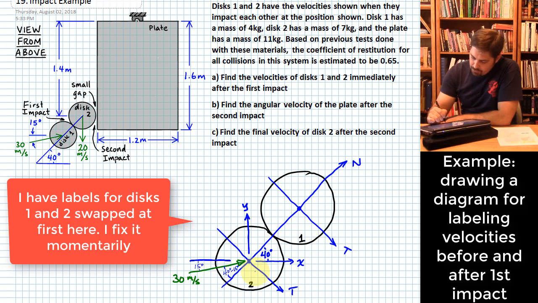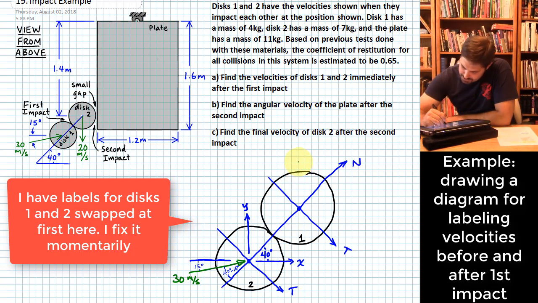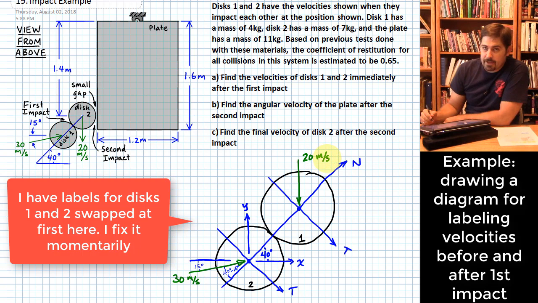It's important for us to establish this geometry because we're going to be splitting these vectors into components. The next one that we have is this 20 meters per second, and that's going to be going straight in the vertical direction.